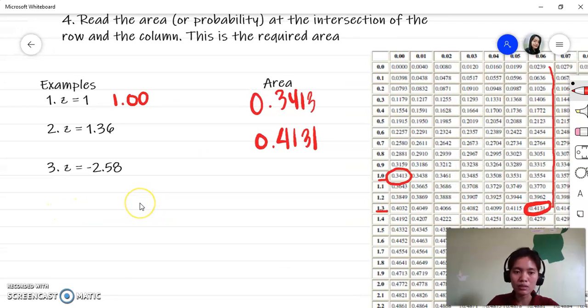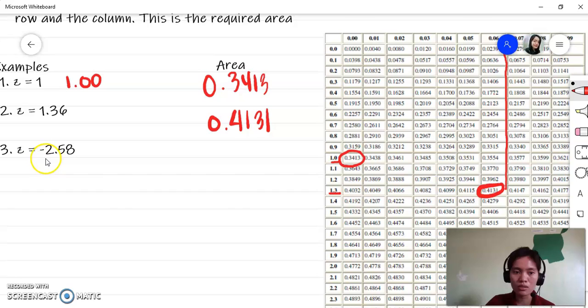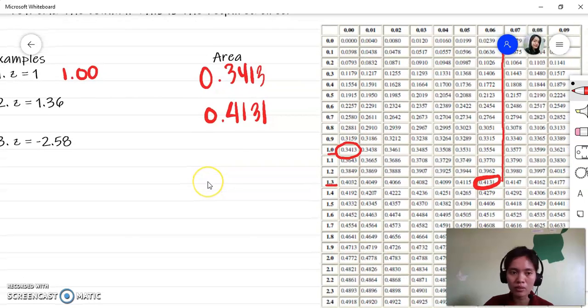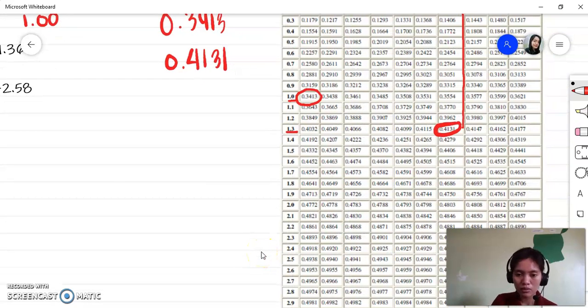Last example, you have z equals -2.58. As I said earlier, for the negative z values, the area is the same as the positive value. So if you have -2.58, just look for 2.58. The first two digits again are 2.5, and again no need to write into 3-digit form since it's already in 3-digit form. 2.5 is here.